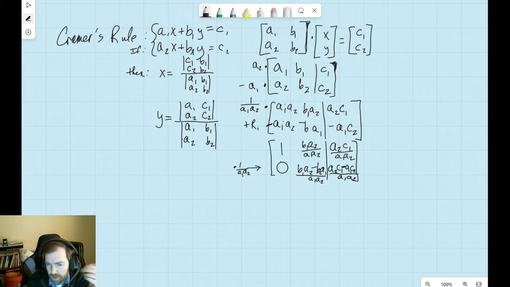I mean, we're going to have to multiply the lower equation by something gross. So it's going to have to be this thing, the thing we want, divided by this thing, the thing we don't want.